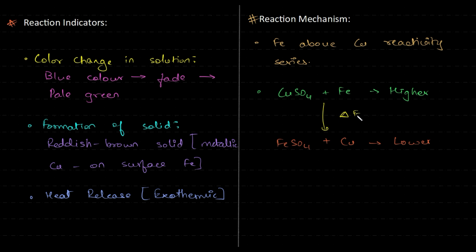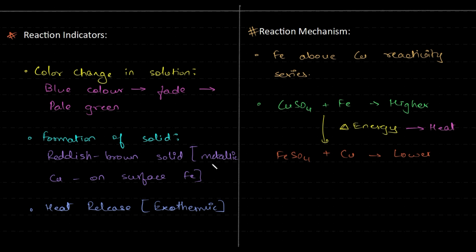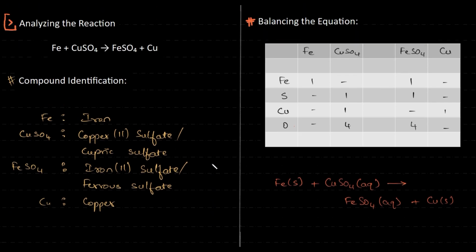And this difference in energy is nothing but, right, it will be released as heat. As simple as that. Again, I'm putting it in a very simple manner. We'll try to add in more information with the actual experiment so that you have a better grip. For now, I think this is good enough for you guys.